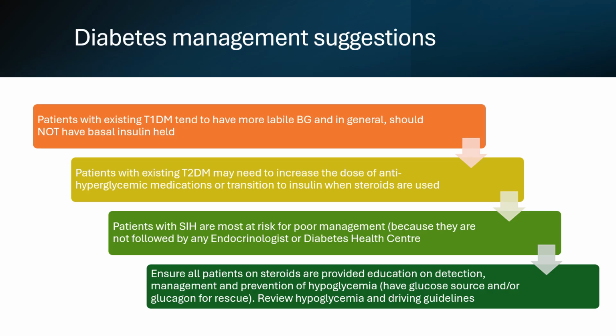And we need to ensure that all patients on steroids are provided education on how to detect hypoglycemia, how to treat it, and again, those driving guidelines. We want to make sure they know that they should have a glucose generally over 5 to drive, that they should bring a glucose source with them. They know how to test their glucose levels, and they know how to treat it and wait at least the 40 to 50 minutes before they resume driving again.